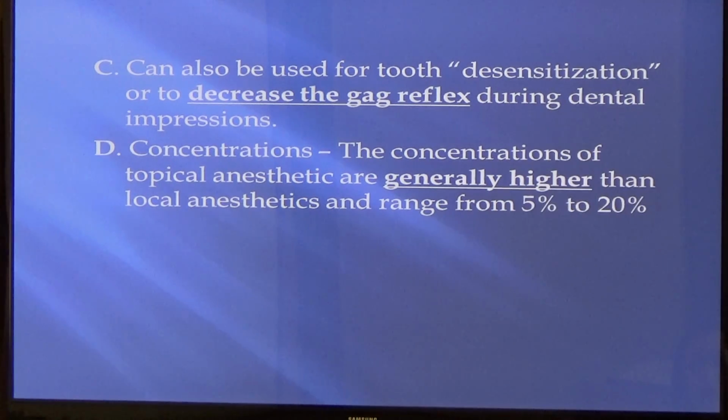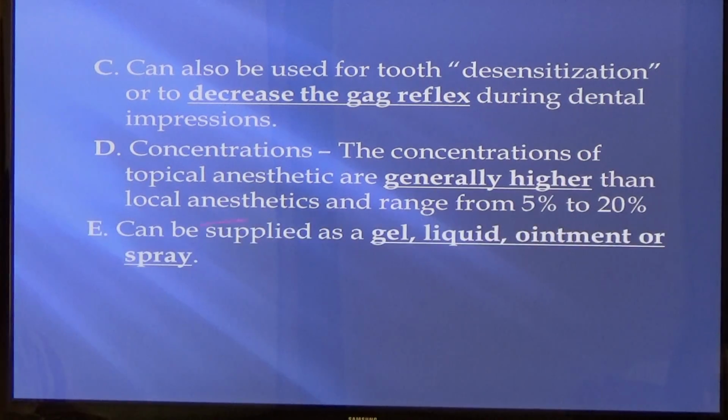So concentrations. The concentration of topical anesthetic is generally higher than local anesthetics and ranges from 5% to 20%. And that's what benzocaine is, or Oragel. It's usually either 15 or 20% benzocaine. So what you're putting on your baby's teeth when they're teething, that's what it is, topical anesthetic.